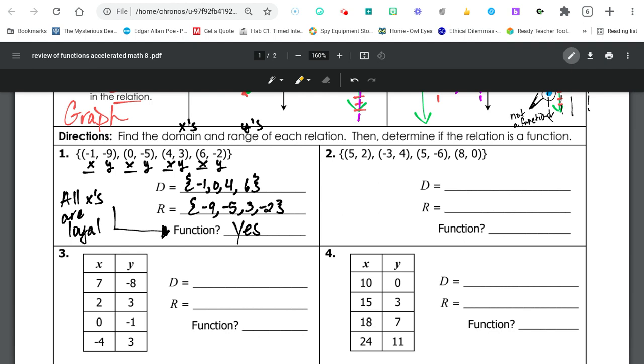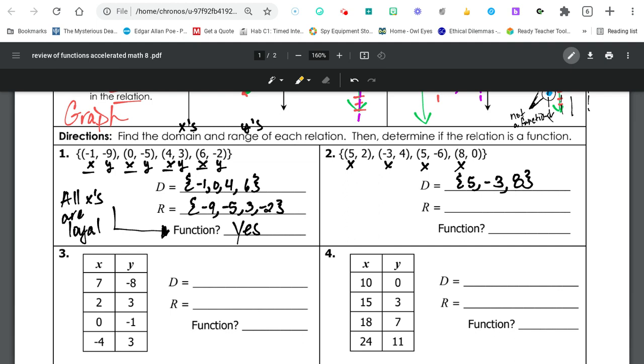All right, for domain, let me focus on my x's. 5, -3. Don't put 5 again. 5 is already in the set, so don't put it again. And 8. If you put it twice, I have to count it wrong because you've already stated that 5 is an x value.